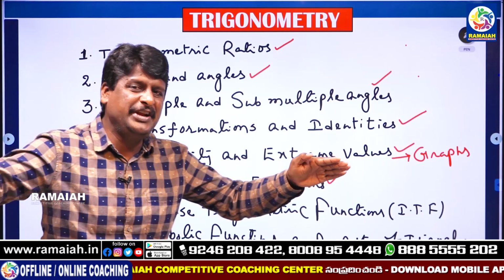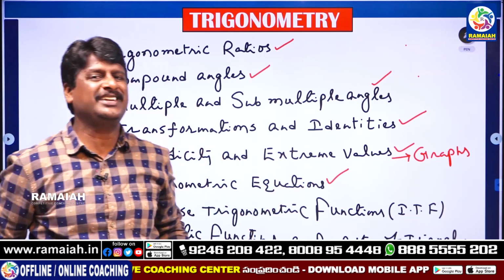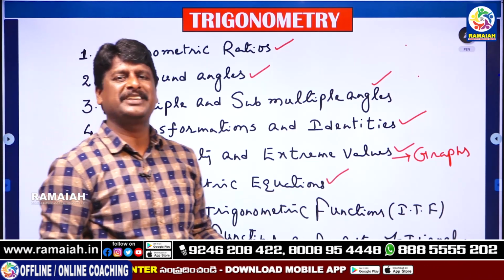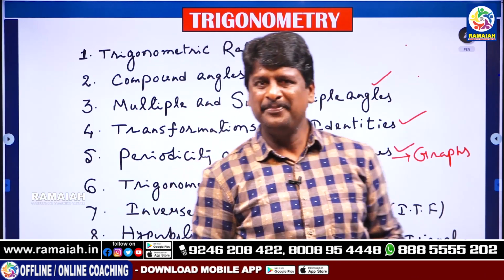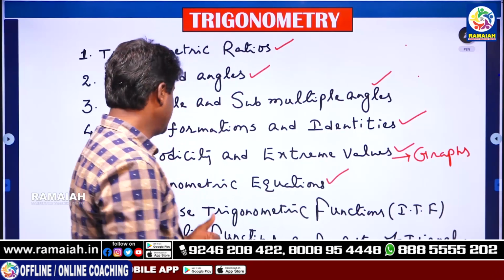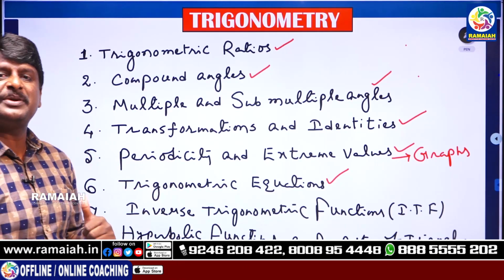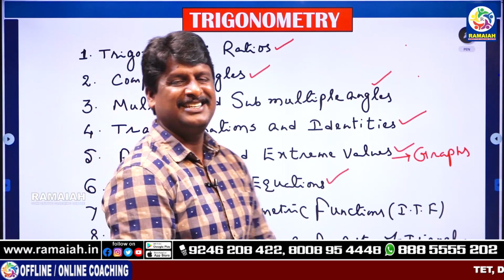What is the main difference between an algebraic equation and a trigonometric equation?